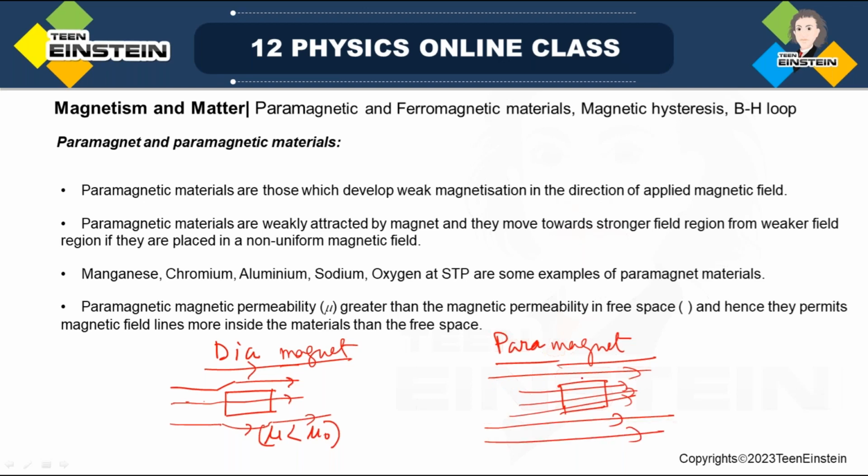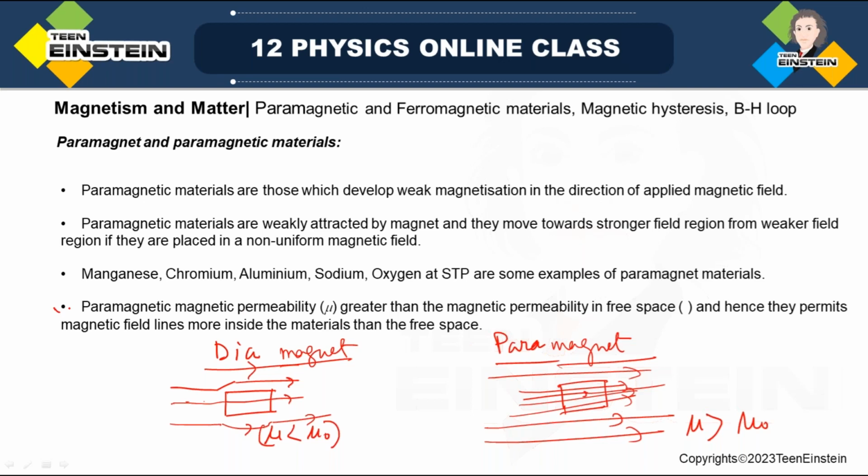It also does not have very significant permeability, but still its permeability is greater than the permeability of air. So it can allow more magnetic field lines than the air medium.